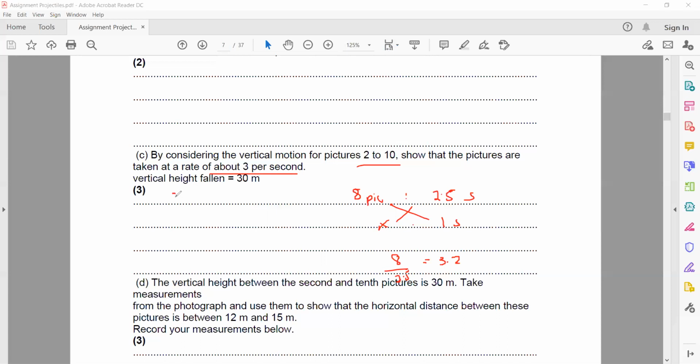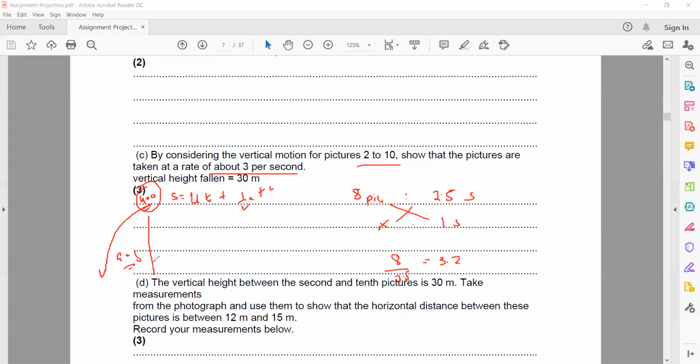So first, using the equation of motion, s equals ut plus half at square, we got the time. Because it is a falling object, when an object is launched from a certain height the vertical velocity is 0, and then it will accelerate, its acceleration being due to gravity.